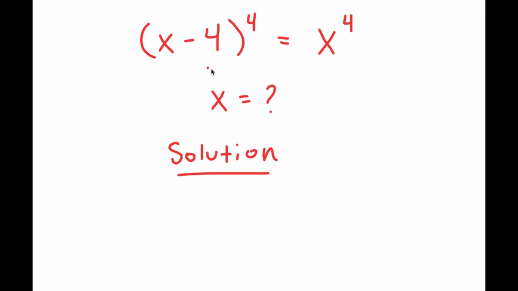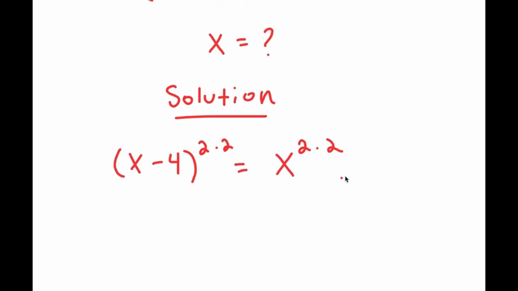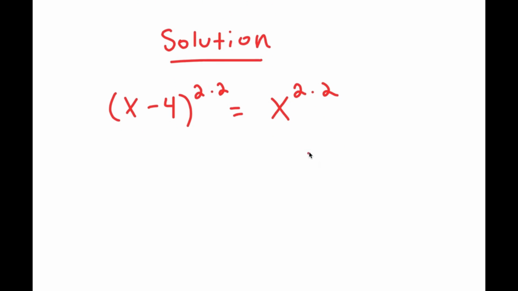What I'm first going to do is rewrite this equation as x minus 4 to the power of 2 times 2 is equal to x to the power of 2 times 2. And the reason I did this is because now I can use the property a to the power of m to the power of n is equal to a to the power of m times n.